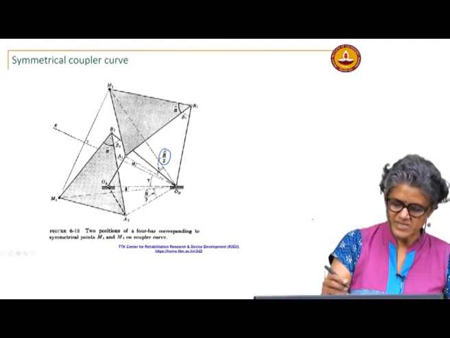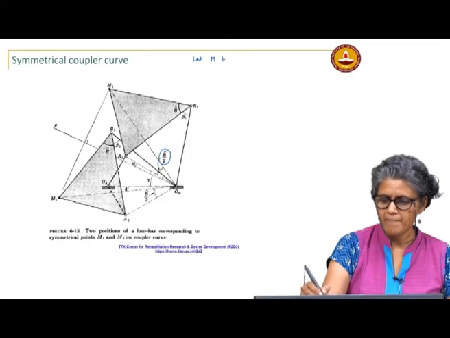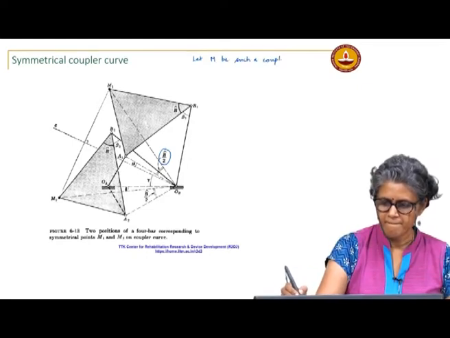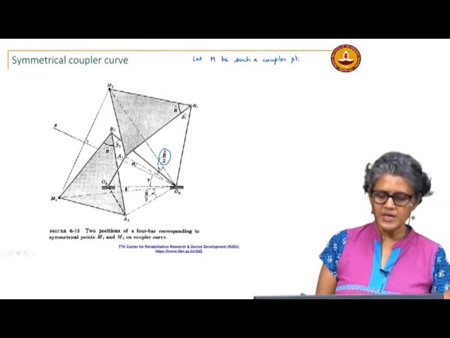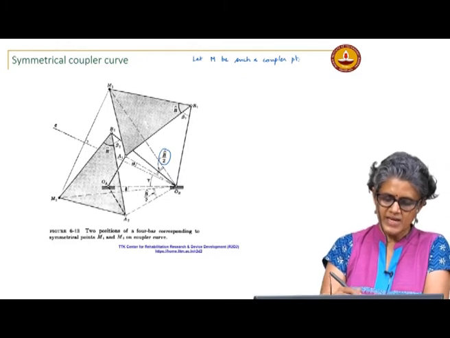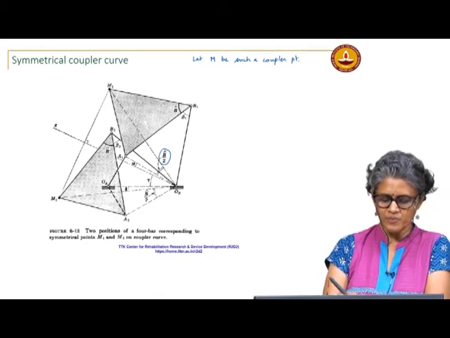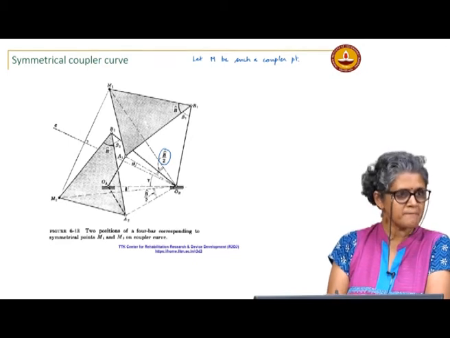So, let M be such a coupler point and we want to show here that, let us take the crank OA to lie in symmetrical positions about the frame.